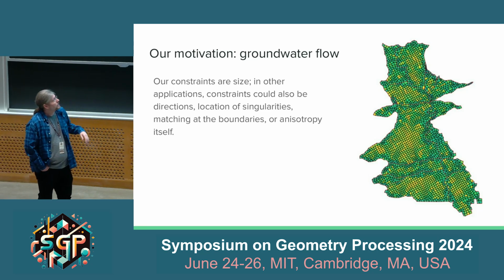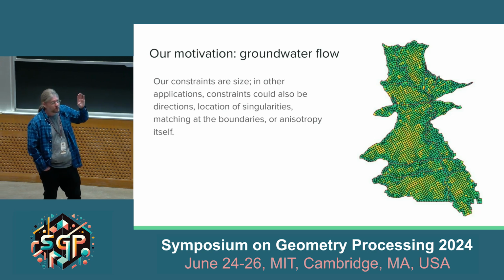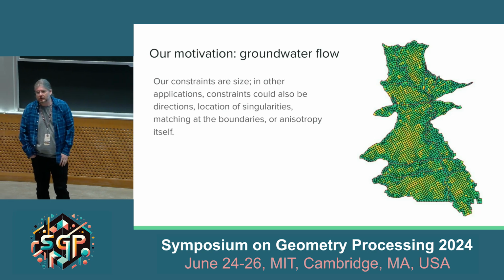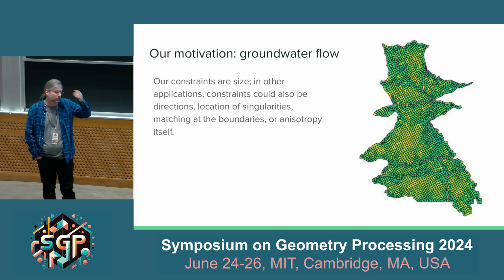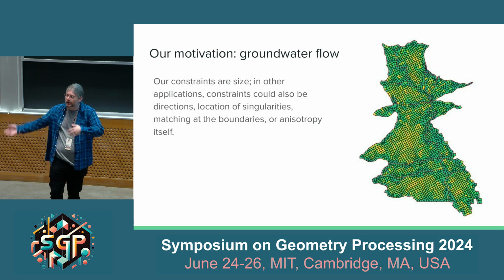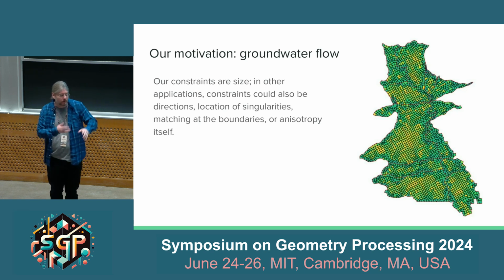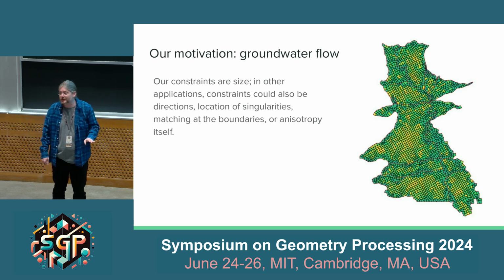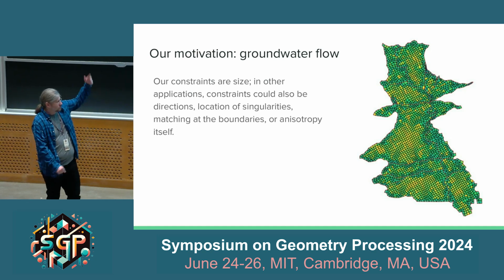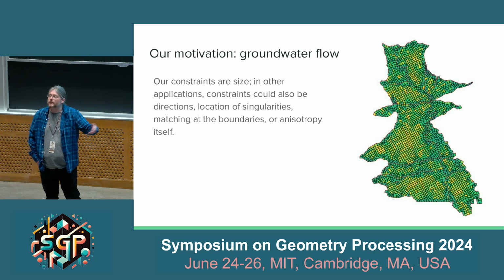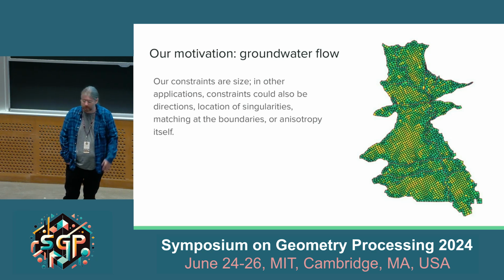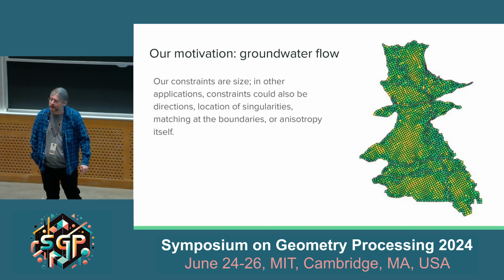The goal is to have as few elements in the mesh as possible, because in a lot of cases I was working with people who had to use their personal laptop to do a groundwater simulation. So the fewer elements we could get in the mesh, the happier they were. That went into trying to do size-aware crossfields into size-aware meshes, and this is where the rabbit hole has led.